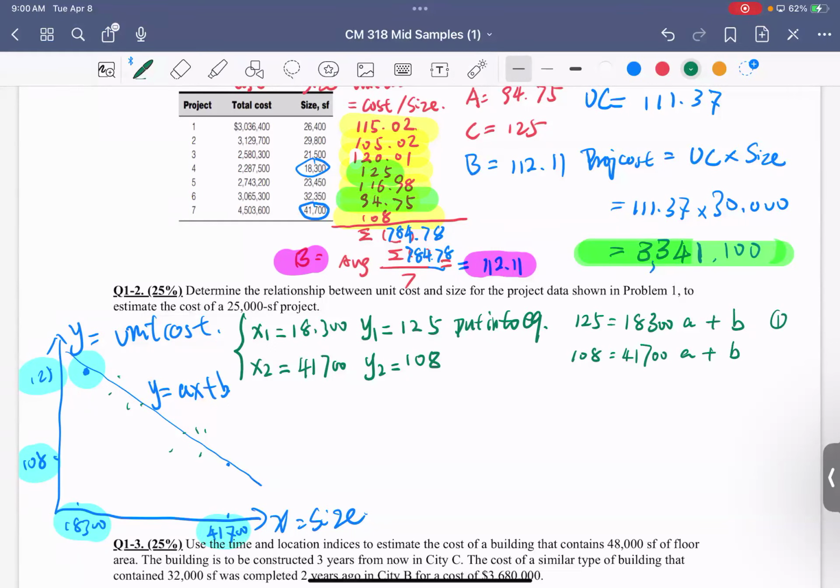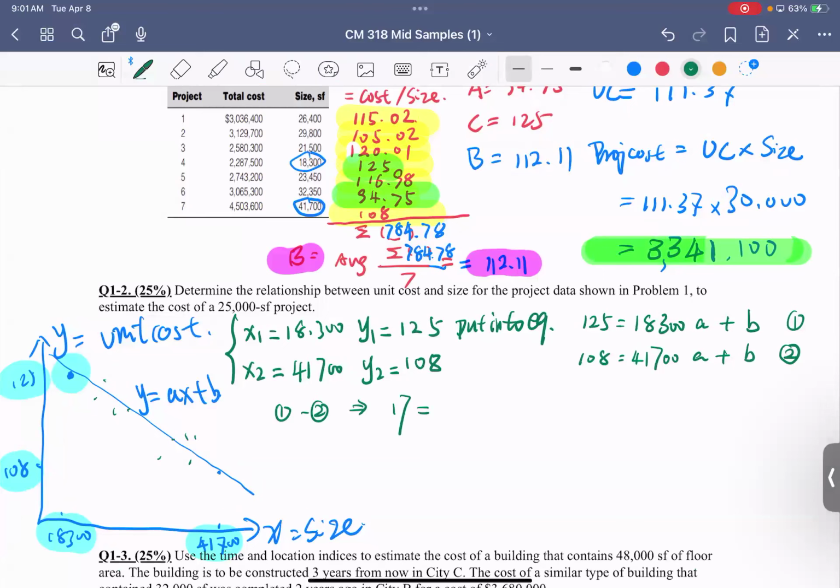So this is your first, and this is your second. Using first minus second, you will get 17 is equal to 18,700 minus 71... a, right? And then you find that a is negative 17 divided by this number.